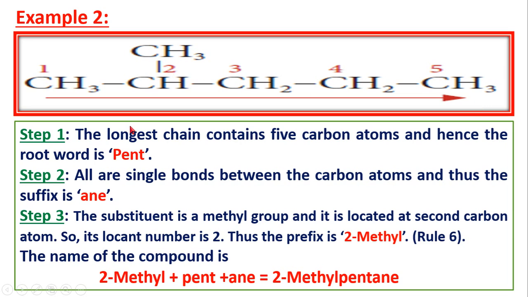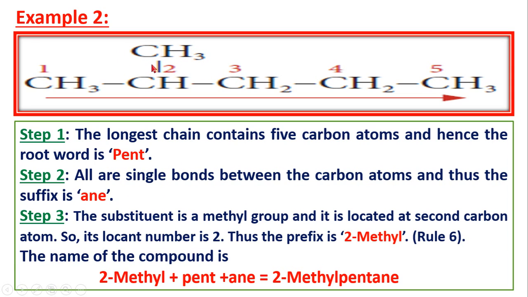So how do we write it stepwise? Step 1. The longest chain contains 5 carbon atoms and hence the root word is pent. Step 2. All are single bonds between the carbon atoms and the suffix is ane. Step 3. The substituent is a methyl group, CH3.